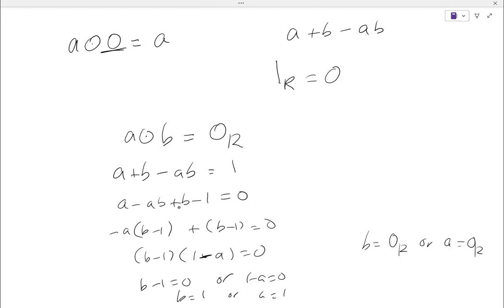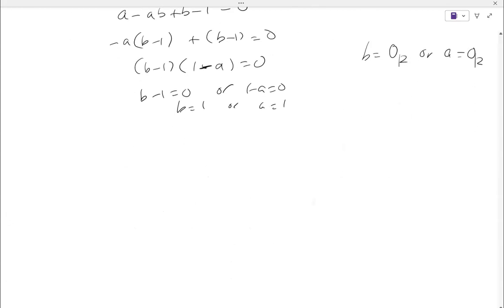All right. So let's do a couple more definitions here.